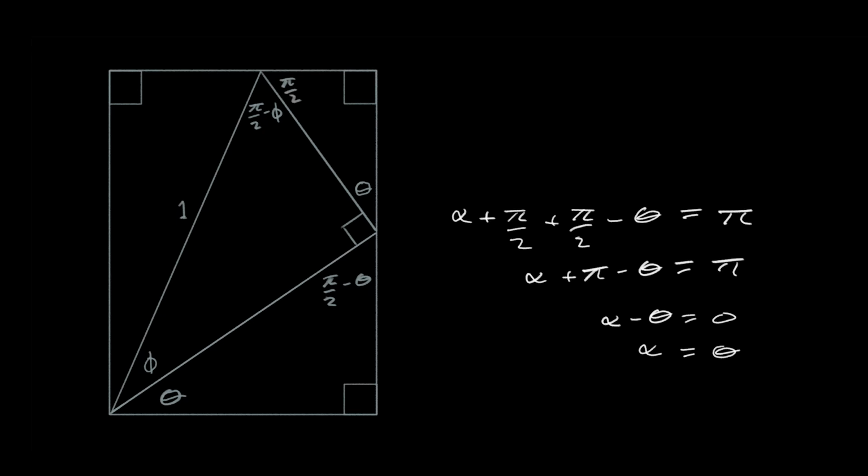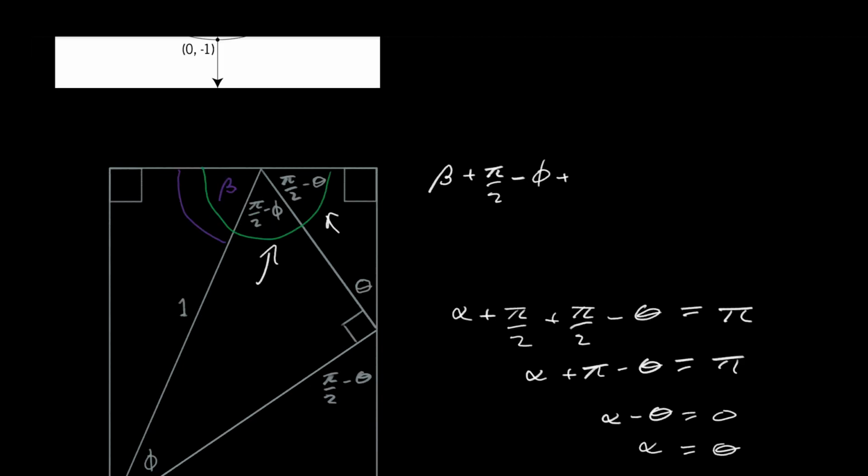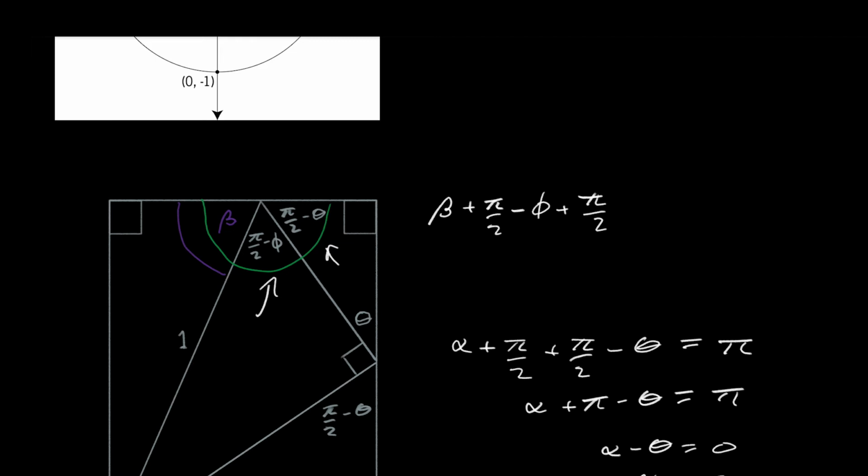So now we can apply the same argument to this angle here in order to find this third one. If we sum those angles and we introduce, let's say, beta for the third angle, well, beta plus this angle here, pi over 2 minus phi, plus this angle here, which is pi over 2 minus theta, must all sum to pi radians.